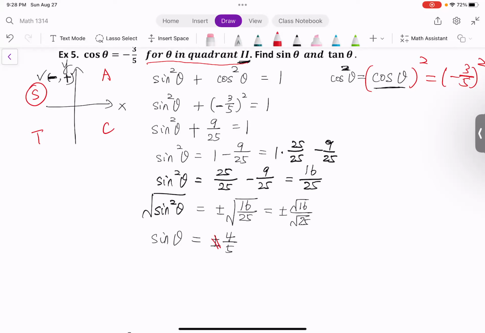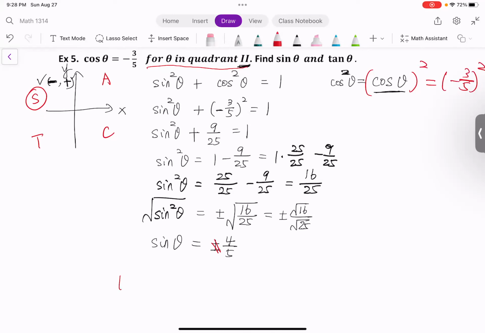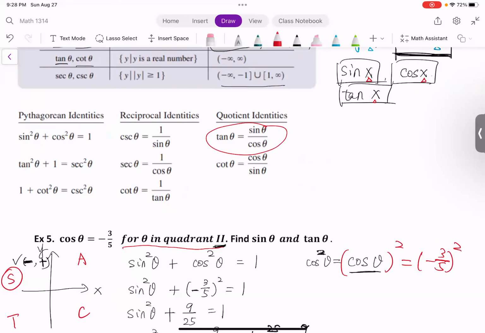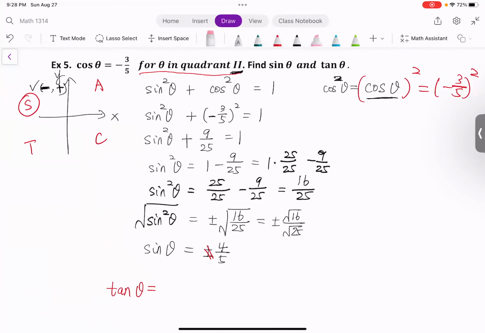All right, how about the tangent theta? So tangent theta, by the quotient identities, is sine over cosine. So let's do this. Sine theta over cosine theta. Sine theta is positive 4/5.